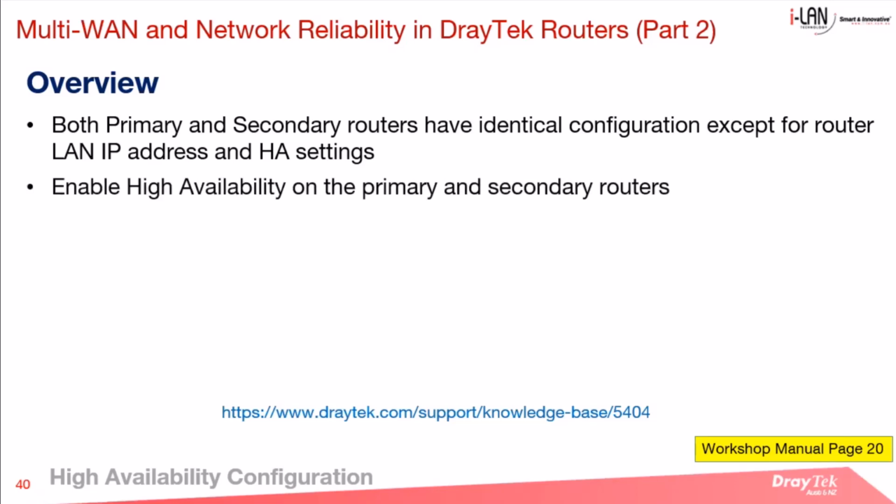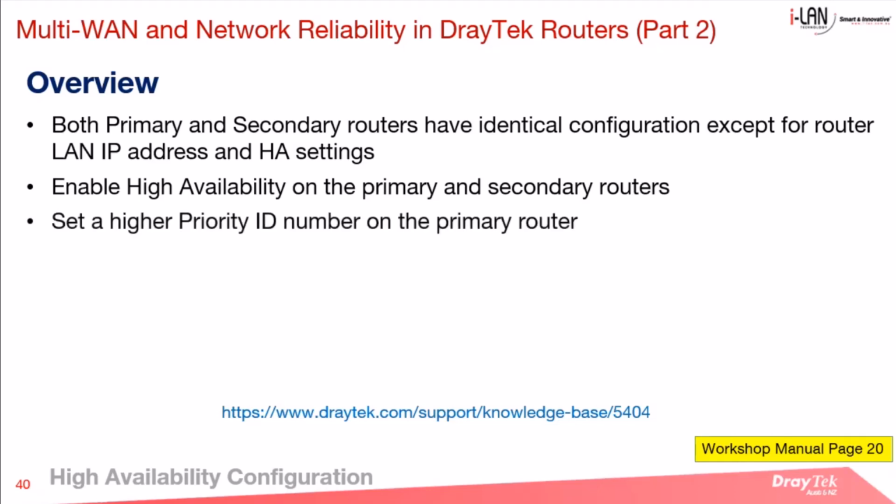In order to establish high availability, we must initially enable it on every router. After that, we should assign a high priority ID to the primary router. For all routers, it is important to apply the same redundancy method, such as hot standby or active standby, and use the same group ID and authentication key.